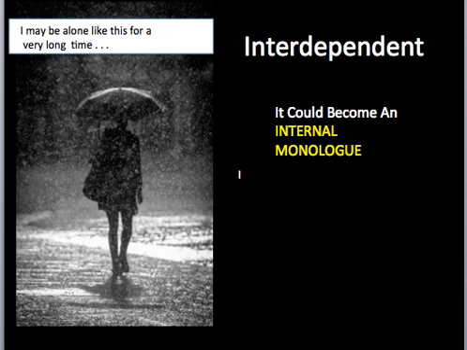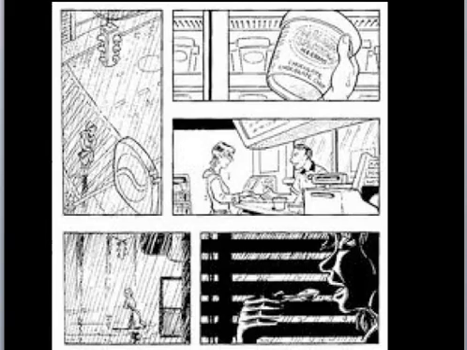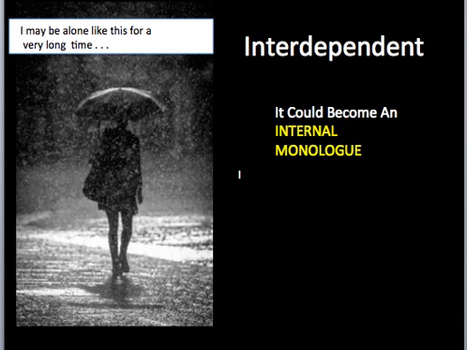So, interdependent. Just someone walking in the rain could be working as an internal monologue: "I may be alone like this for a very long time." So that's adding to it. If we go back, that woman walking in the rain, an internal monologue could easily be added to it, and therefore you get a personality trait.